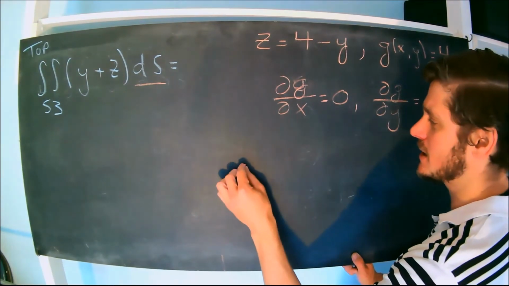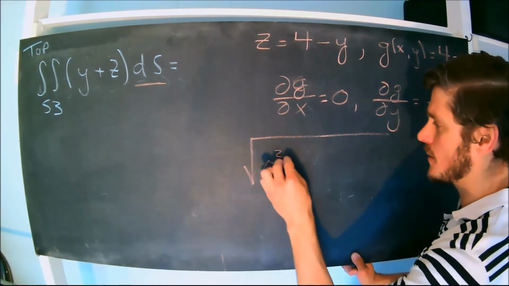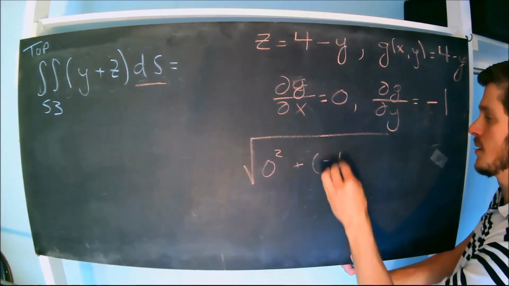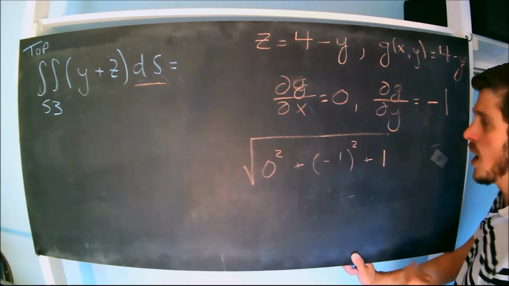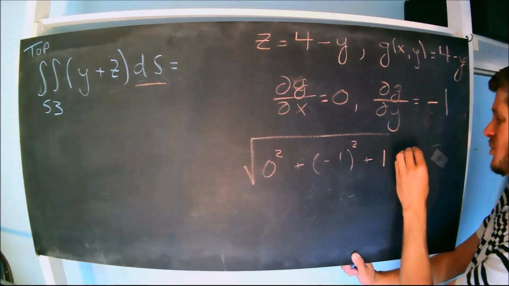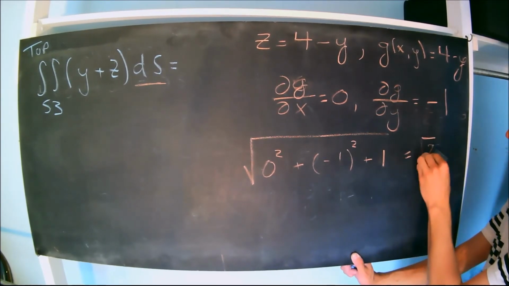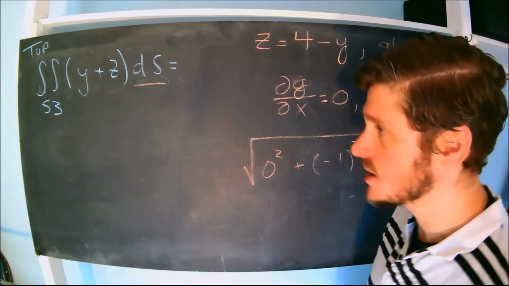So now that I have my partials, the whole idea is to put in that square root function, square plus square plus 1, but negative 1 squared is 1, 1 plus 1 is 2, so this is just going to be the square root of 2.